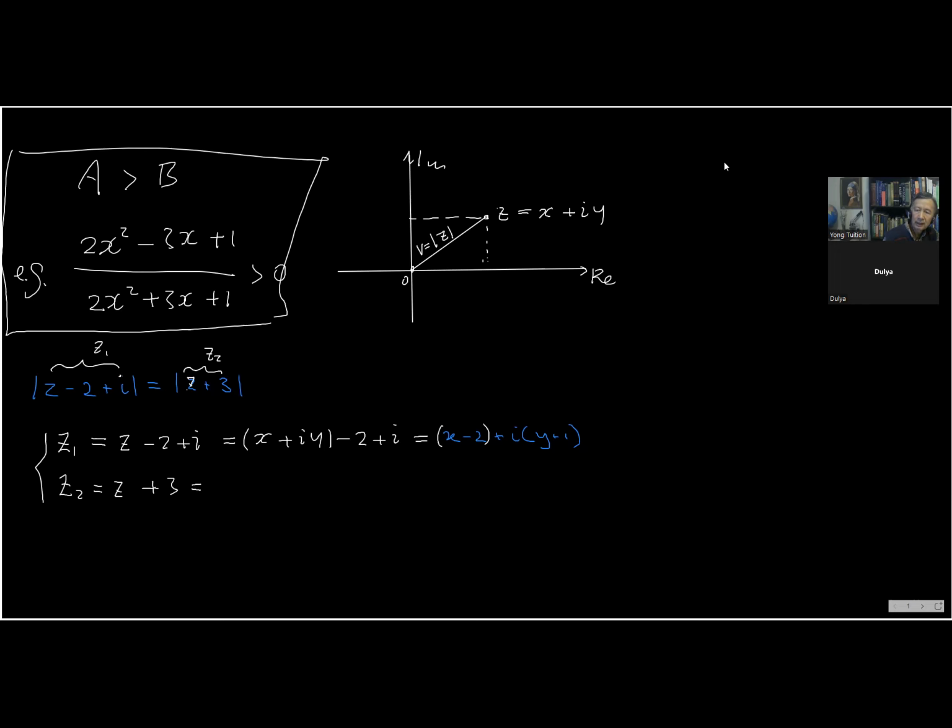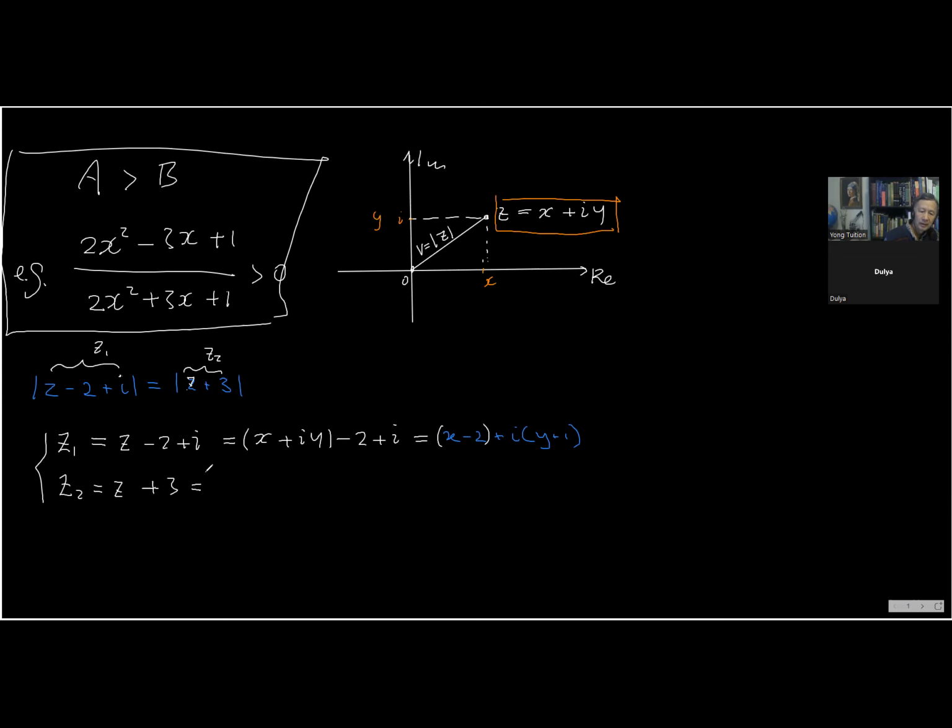Similarly, can we do something about this z using this notation? This is the general notation. We can construct a complex number by using real and imaginary parts, x and y. So this is our x, and this is our y multiplied by i. Can you rewrite this part as well?